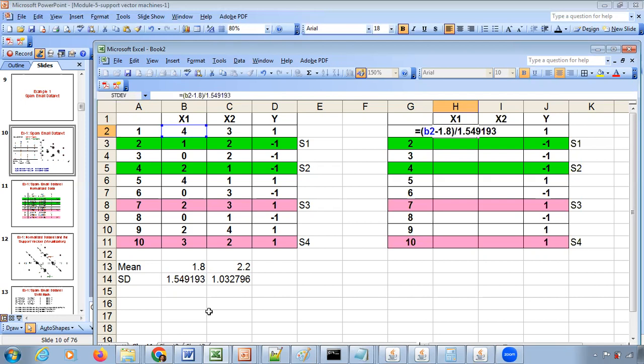So that's the way we normalize: whatever the value in that cell, minus the mean, divided by the standard deviation. Press enter. Copy and paste the formula here, but you have to change the mean and standard deviation. Let me do this again, sorry.